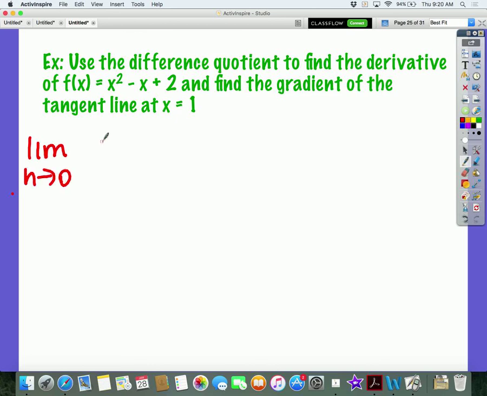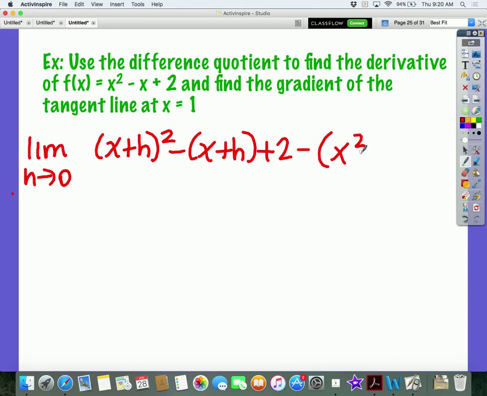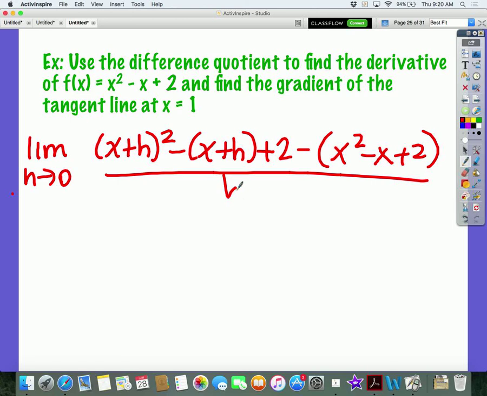So when you plug into the formula, the difference quotient, you have this.